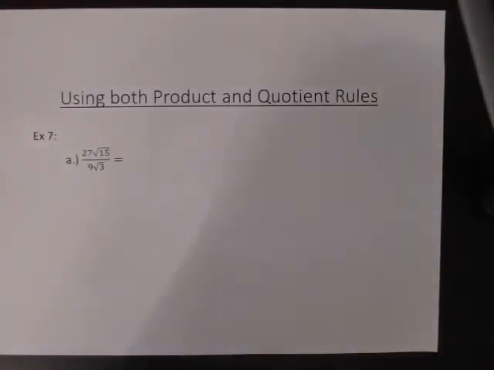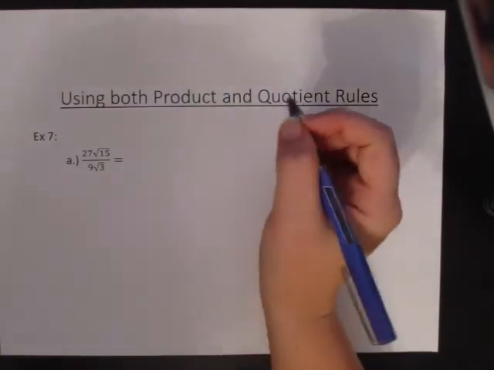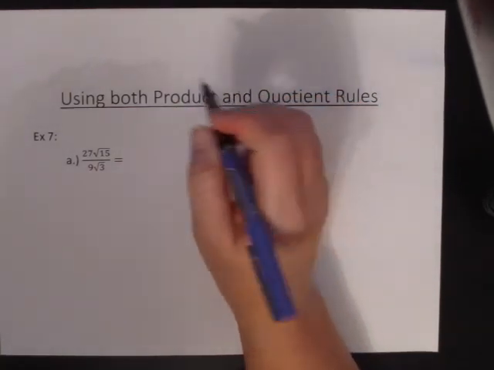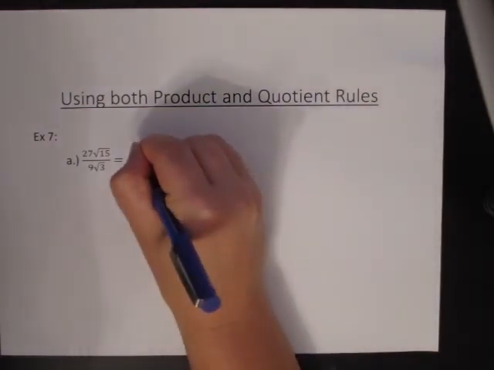Okay, so now we are going to be using the product rule and the quotient rule together. So I've got 27 square root 15 over 9 square root 3. What I'm going to do is deal with my whole numbers separately.